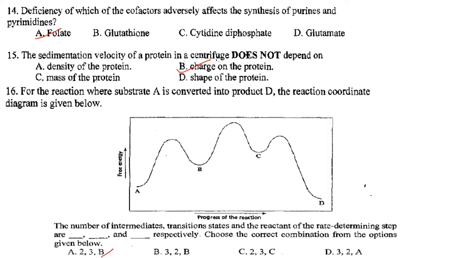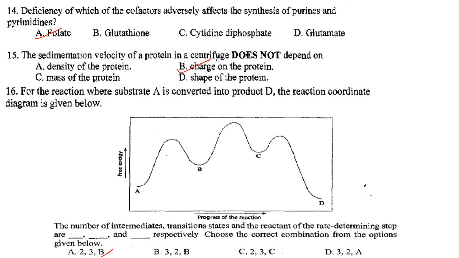So the answer here is option A. That is A, 2, 3 and B. So the number of intermediates, transition states and the reactant of the rate determining step are 2, 3 and B respectively. Choose the correct combination of the options given below.